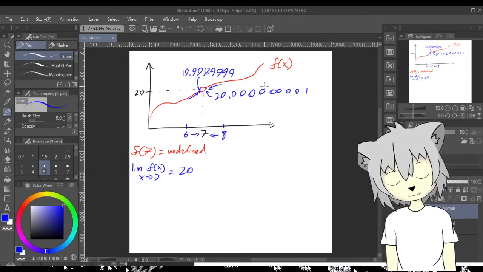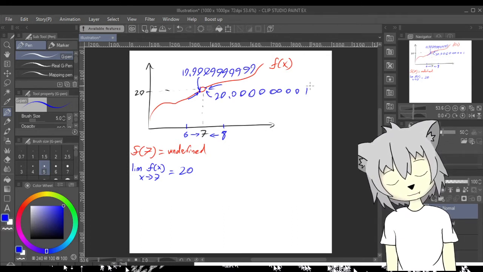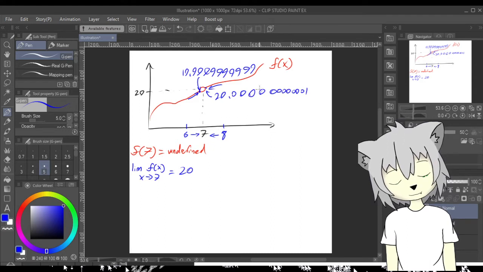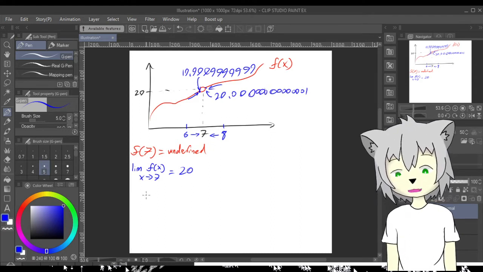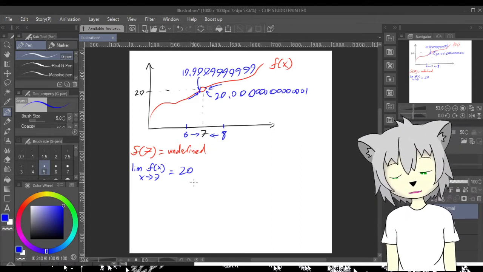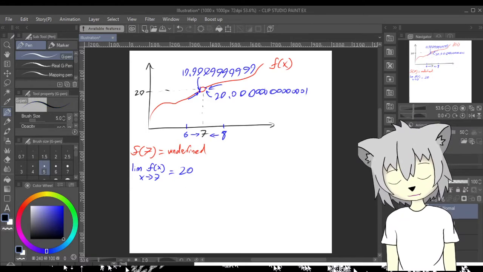We get closer and closer and closer, and that's what a limit is. We figure out what the value is approaching, and yeah, that's your limit. That's the basic concept.